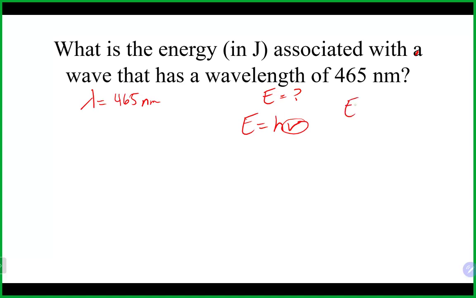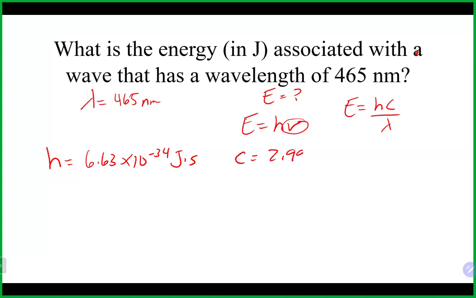So we could use the version of this equation that has the wavelength in it. h, again, is Planck's constant, 6.63 times 10 to the minus 34 joules times seconds. c is still our speed of light, 2.9979 times 10 to the 8 meters per second. Here again is where we want to be careful on units. We have nanometers there and meters there, so we do need to do the conversion.